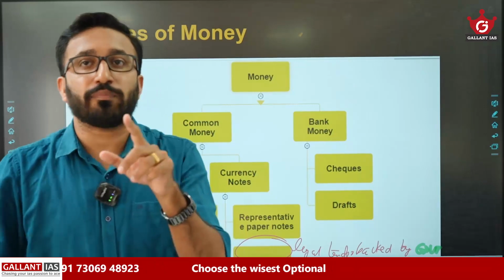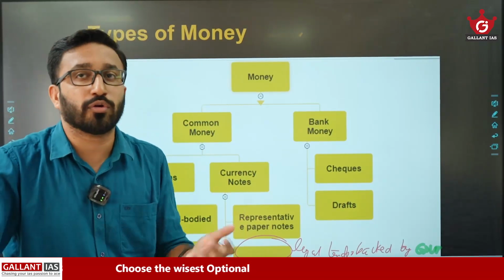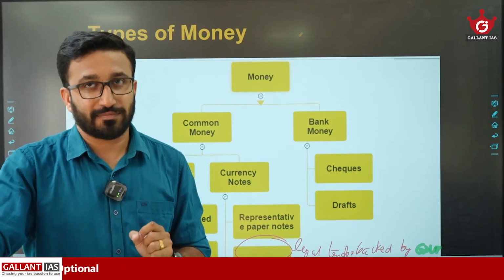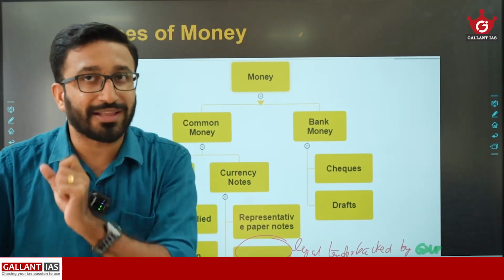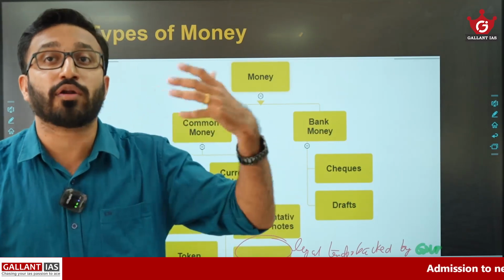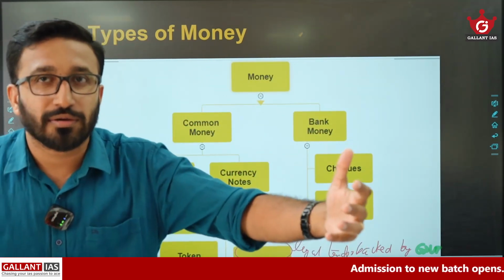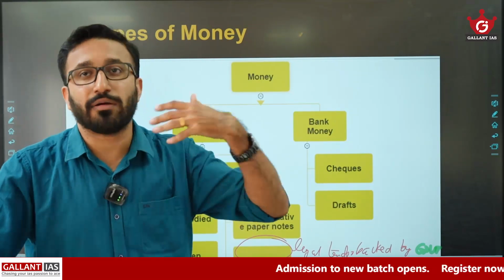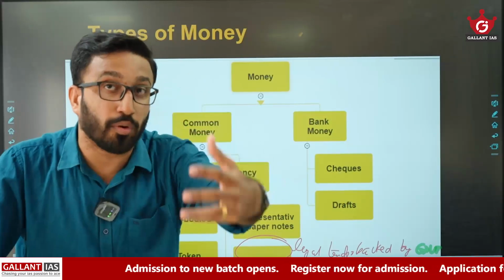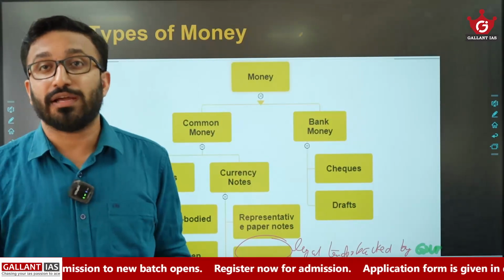If you look at your 10 rupee, 100 rupee or 500 rupee currency note, there is a promise, right? There is a promise by the Reserve Bank governor that I promise to pay the bearer a sum of 500 rupees. So the Reserve Bank governor is giving the promise upon the backing of the government.